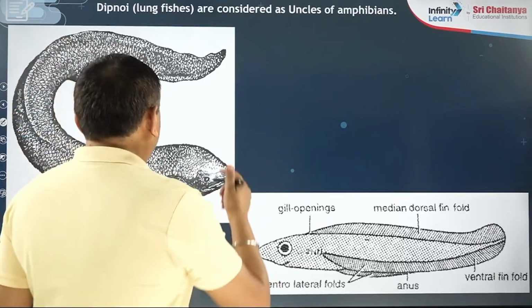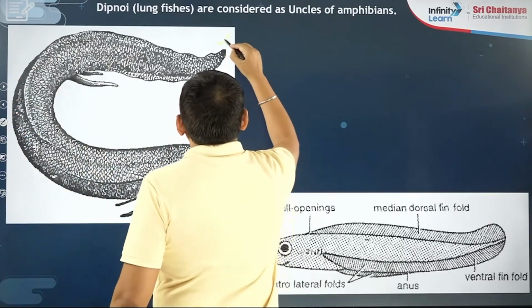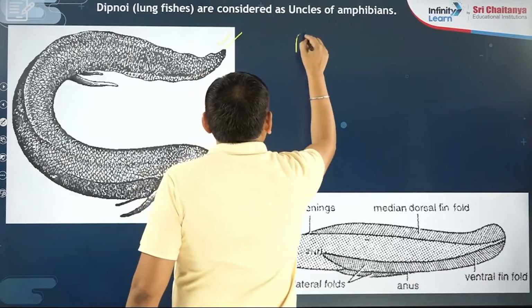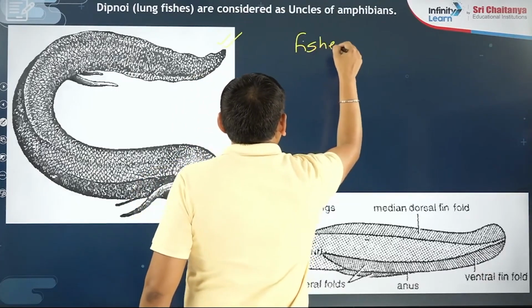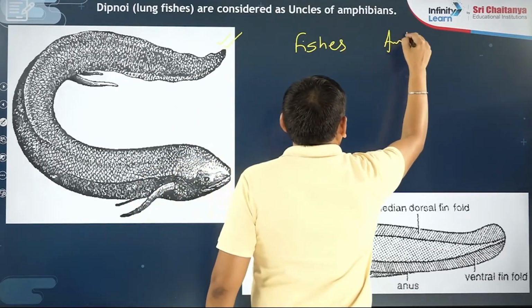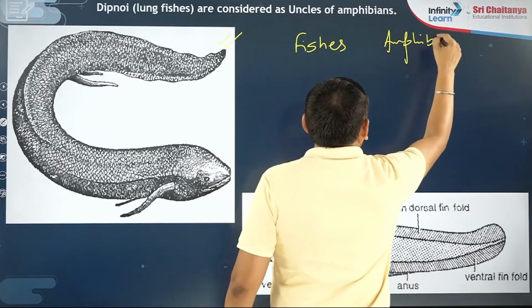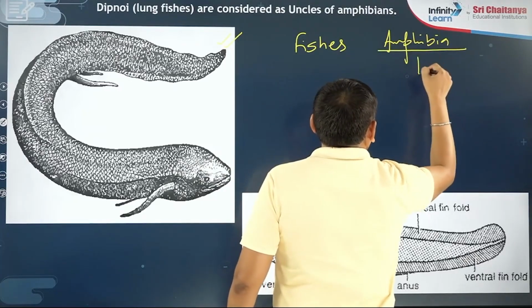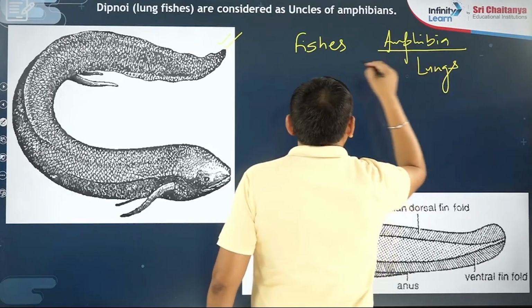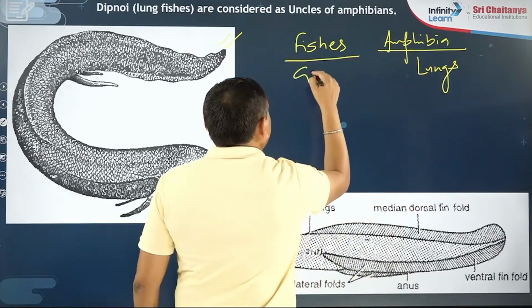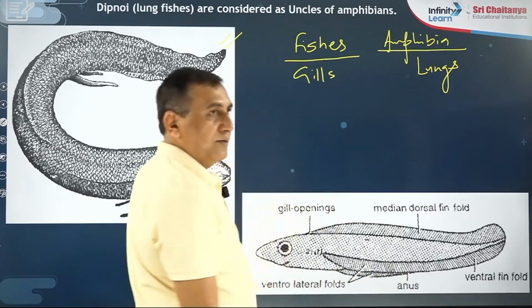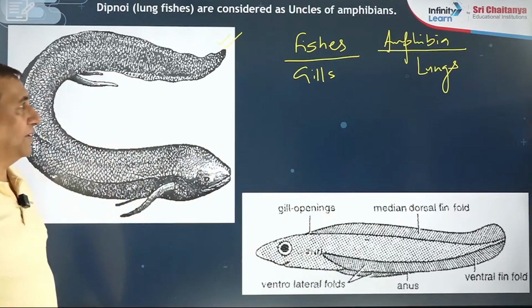There is a fish known as the dipnoi. See, there are two categories, fishes and amphibia. Amphibia have lungs for respiration. Pisces have gills for respiration.